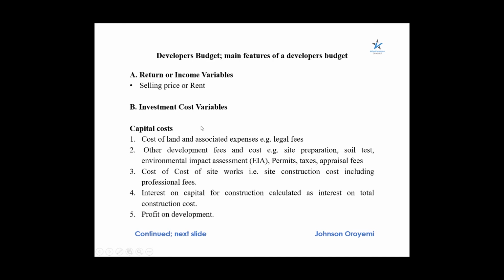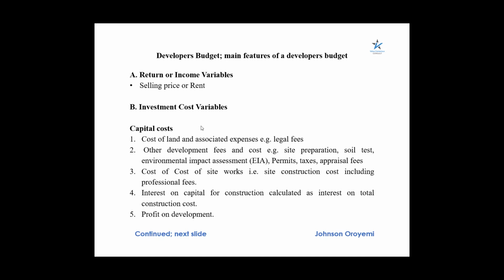So what are the main features of developers' budgets? Because one of the purposes of a developer's project is to see which of the schemes, I mean, the alternatives that are available, is going to yield optimum market value.